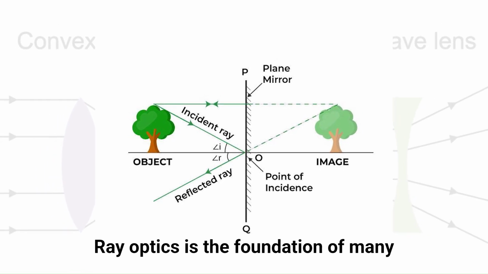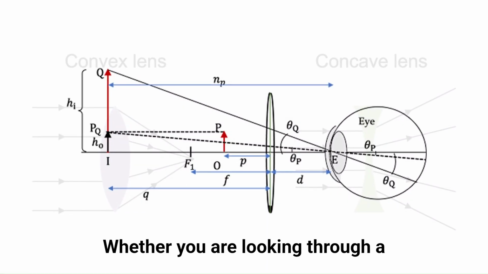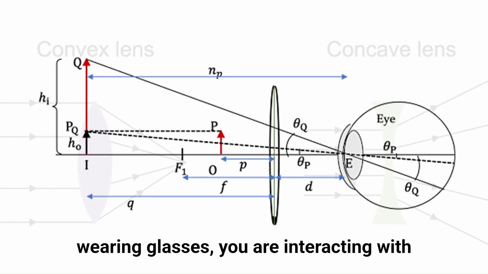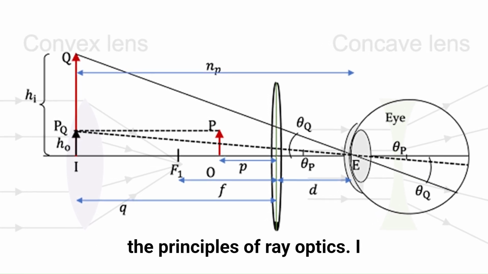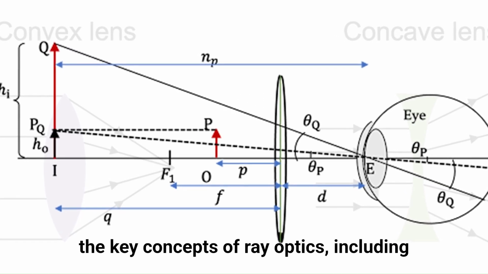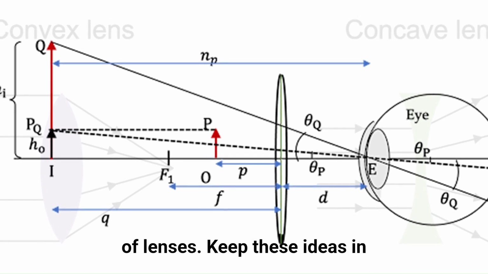Ray optics is the foundation of many technologies that shape our daily lives. Whether you are looking through a magnifying glass, using a camera, or wearing glasses, you are interacting with the principles of ray optics. I hope this video helped clarify some of the key concepts of ray optics, including reflection, refraction, and the behavior of lenses.